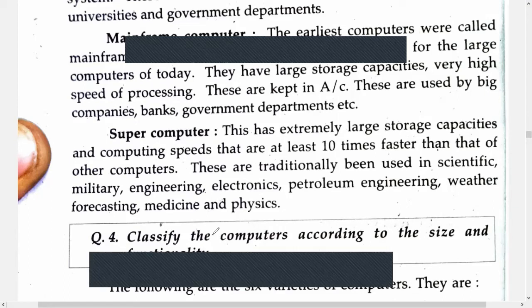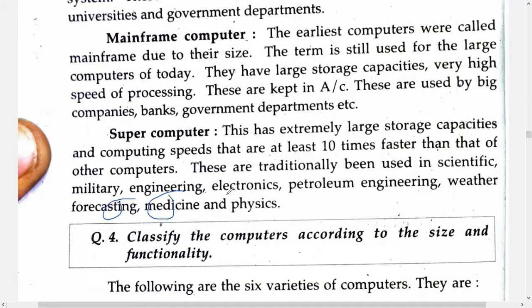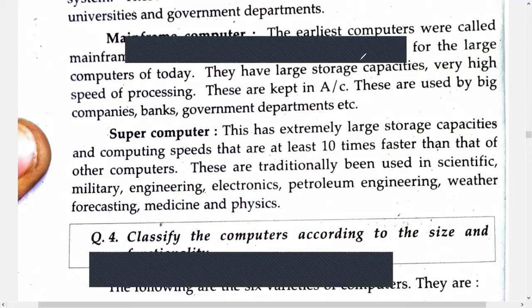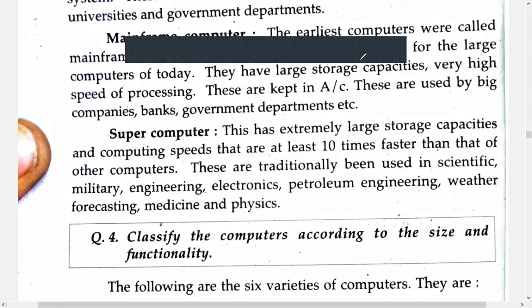As said, we have special purpose computers in medicine, physics, rocket stations. We have military based stations. The way these supercomputers handle data is such that the whole country's data can be worked on this supercomputer.